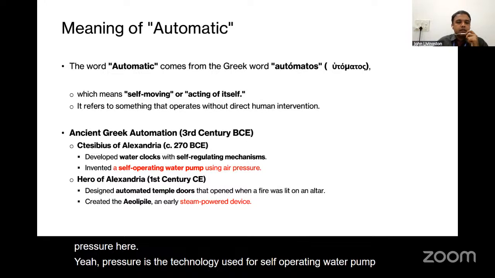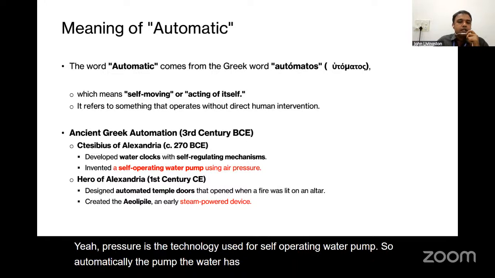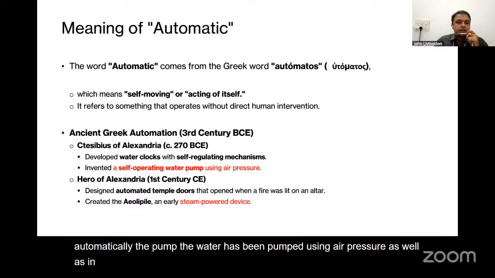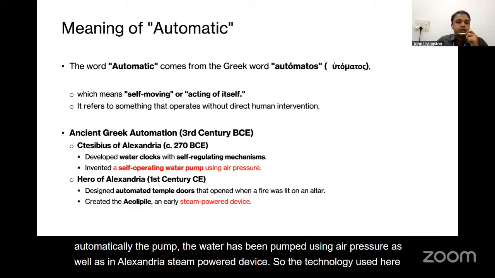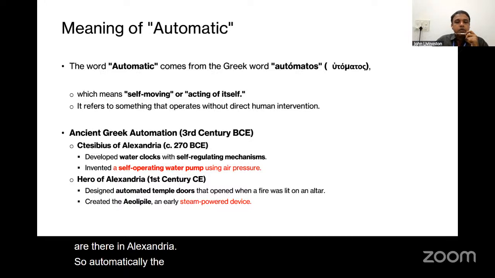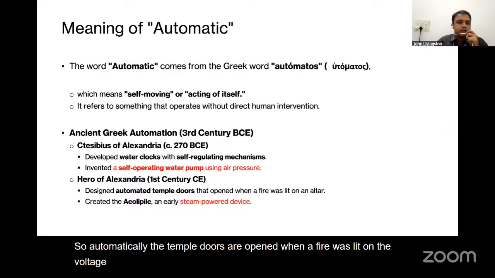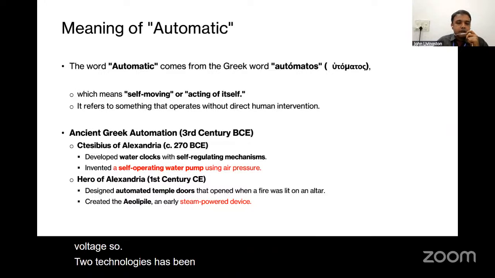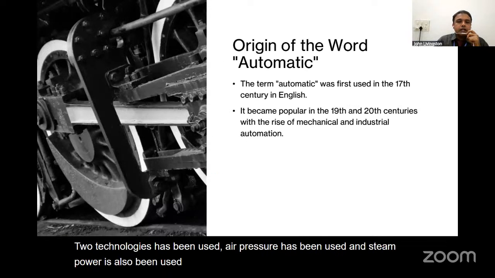Also in Alexandria, a steam powered device automatically opened the temple doors when a fire was lit on the altar. So two technologies were used, air pressure and steam power, to do things automatically.